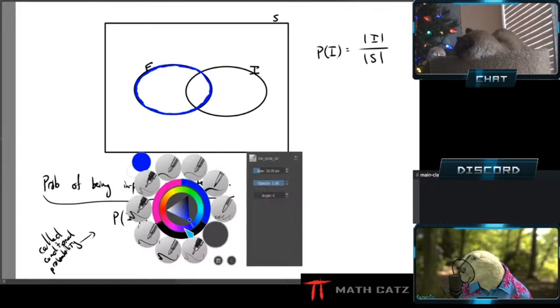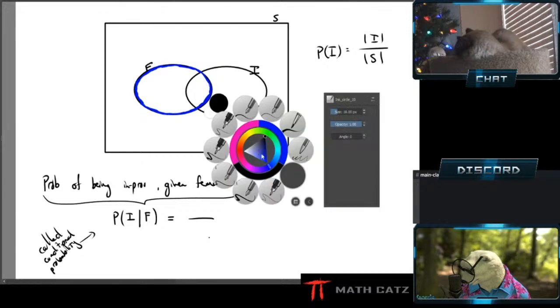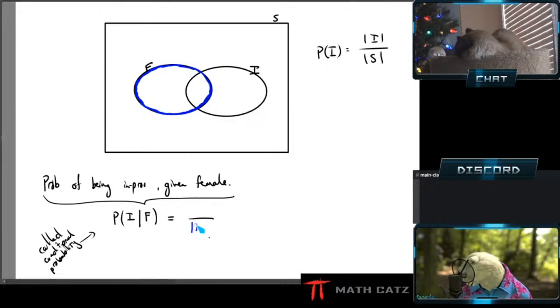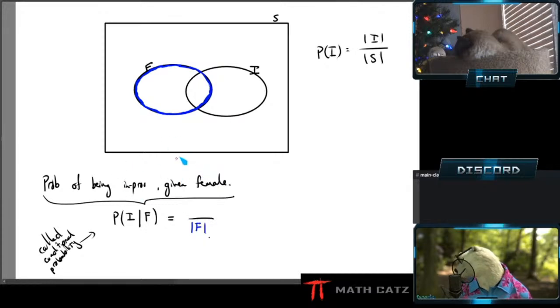So now what I'm calculating here is really out of the females, how many were in province. Yeah, I should do that blue. Which helps a lot. Out of the females, how many were in province. Because I have this extra information, I don't care about the outside. It's impossible.